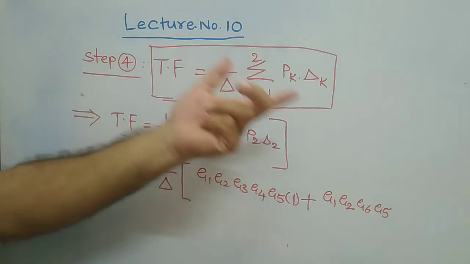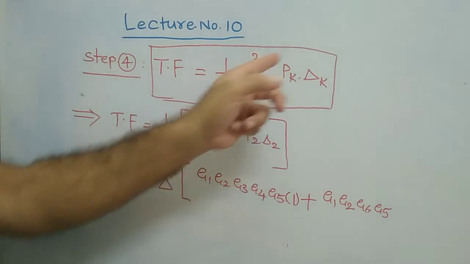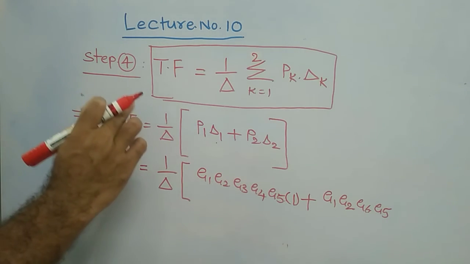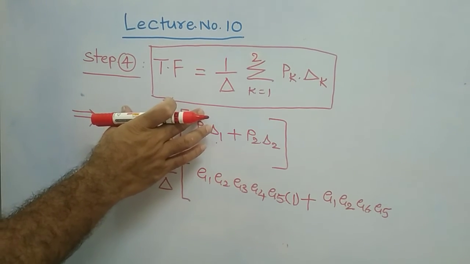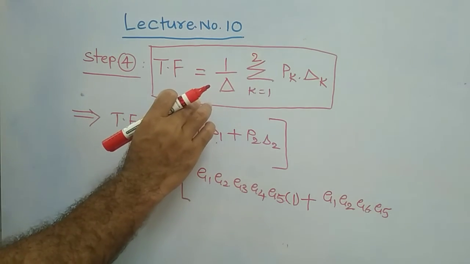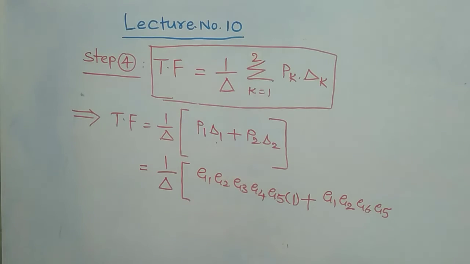Therefore, for the second forward path, all these loops are touching. Is it not? So between node 2 and 3, you have the first loop, and this loop is touching the second forward path at node number 3.